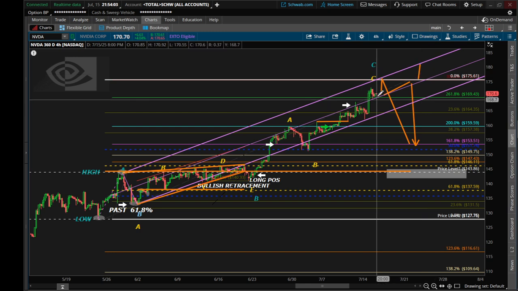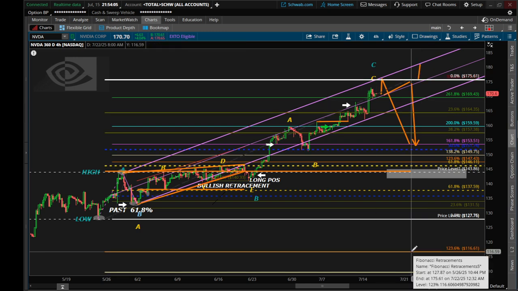Okay, so you're probably thinking, well, obviously it's either going to go up, down, or sideways. But it's all about how it moves.